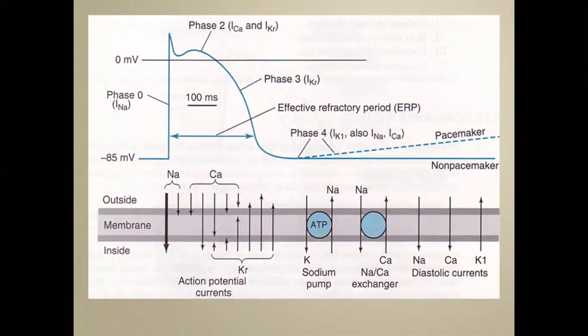First phase, when sodium flows into cells. Then potassium channels and calcium channels open. There will be an influx of calcium into cells, but potassium outflow.